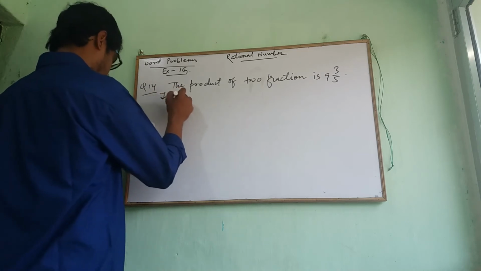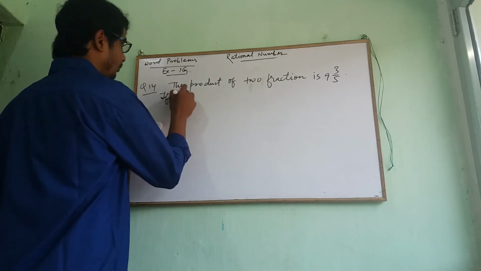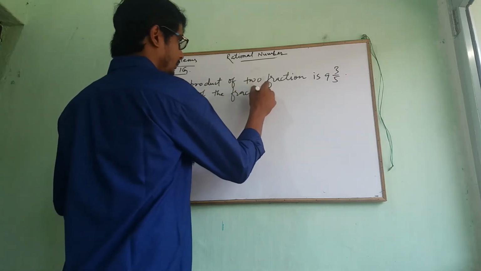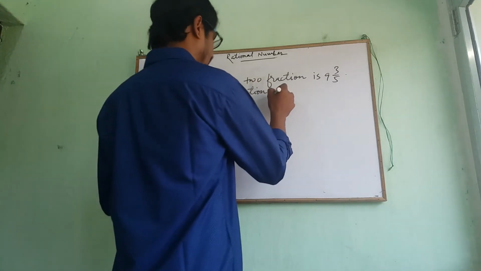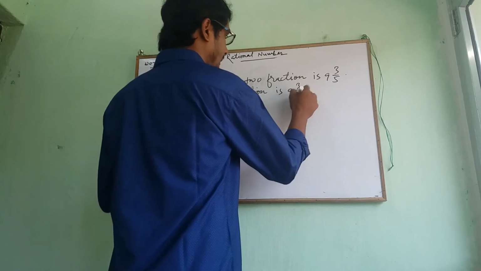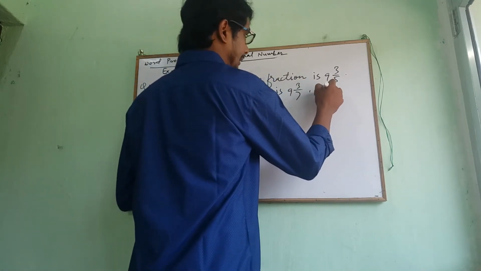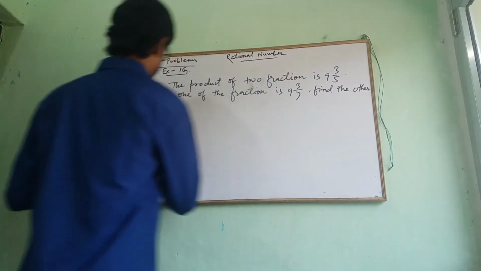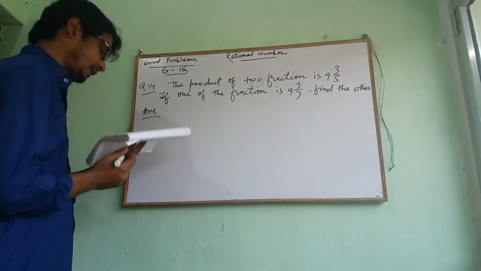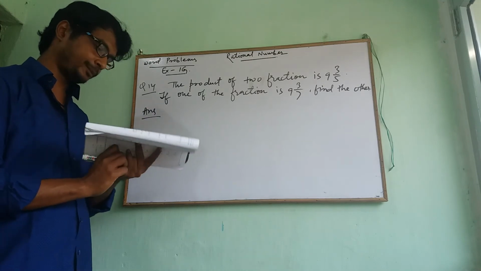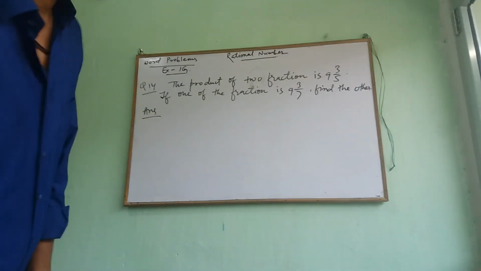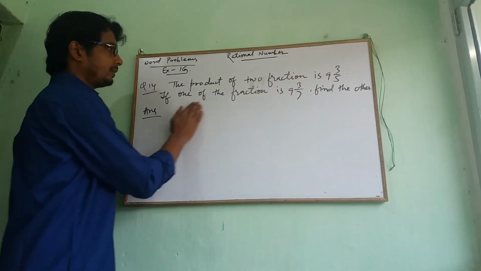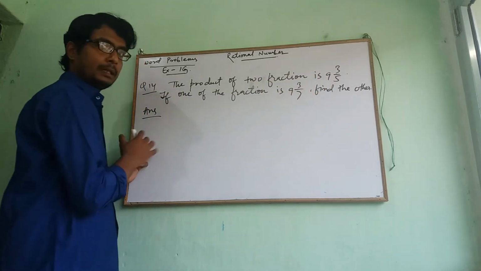If one of the fractions is 9 whole 3 by 7, find the other. So let's see how we will solve this question. The product of two fractions is 9 whole 3 by 5. If one of the fractions is 9 whole 3 by 7, find the other.